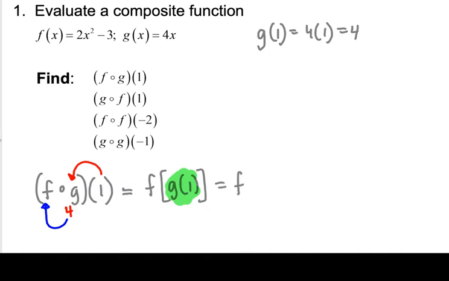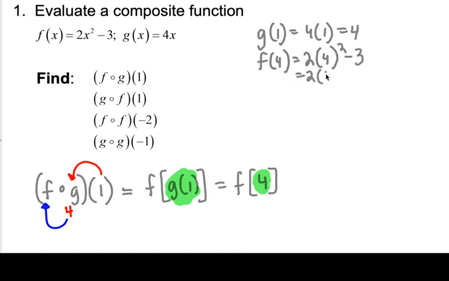And this is no longer f of g of 1, this is f of 4, because g of 1 is the same thing as 4. Now I'm going to take 4 and I'm going to put it into the f function. So that's going to be 2 times 4 squared minus 3. 4 squared is 16. 2 times 16 minus 3. That's 32 minus 3, and that's where I was getting 29.